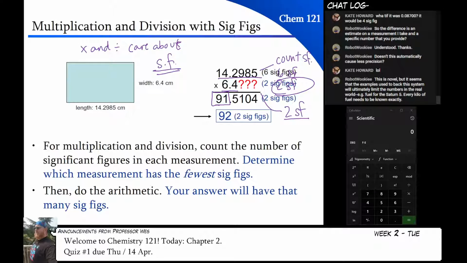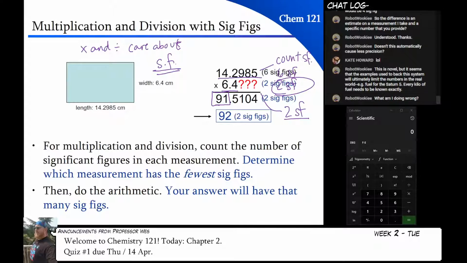Now, for real systems, we're not dealing with estimations. I am not putting 70,000 gallons of fuel on the Saturn V. You are not putting this many gallons on the Saturn V. You are putting this many gallons on the Saturn V. One of the numbers had 1 sig fig. The other one has 9.